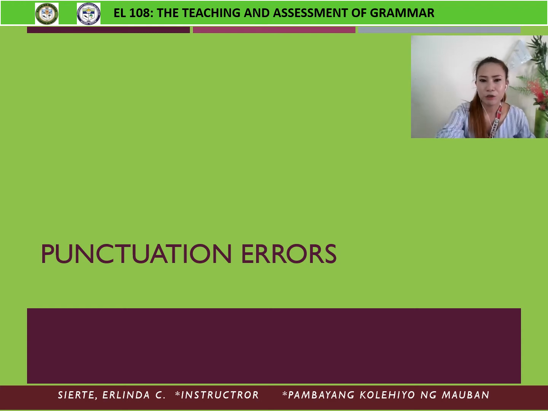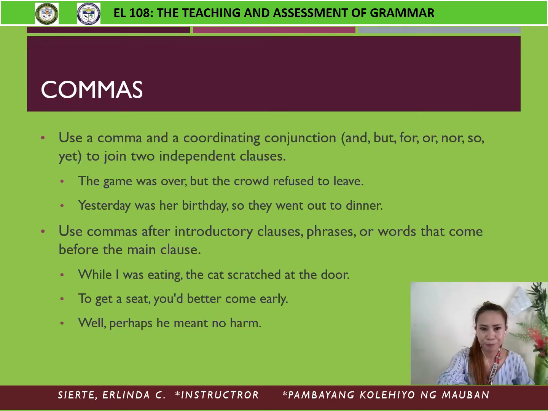Now let's see the punctuation errors. The first one is about the comma. Use a comma and a coordinating conjunction, and, but, for, or, nor, though, and yet, to join two independent clauses. For example: "The game was over, but the crowd refused to leave." Next statement: "Yesterday was her birthday, so they went out to dinner."